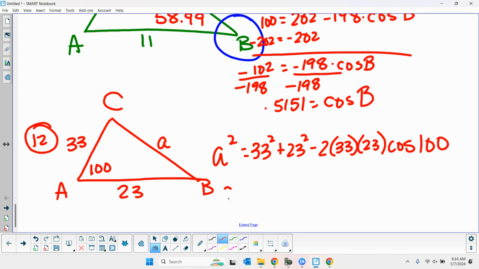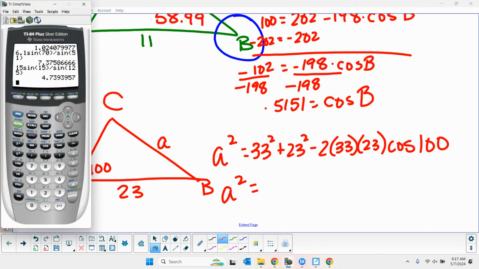And that's going to give you a big number, but you got to remember to do what after that? Square root it, right? I don't have that number written down, so I'll have to do it. 33 squared plus 23 squared minus 2 times 33 times 23 times cosine of 100. And then take the square root.